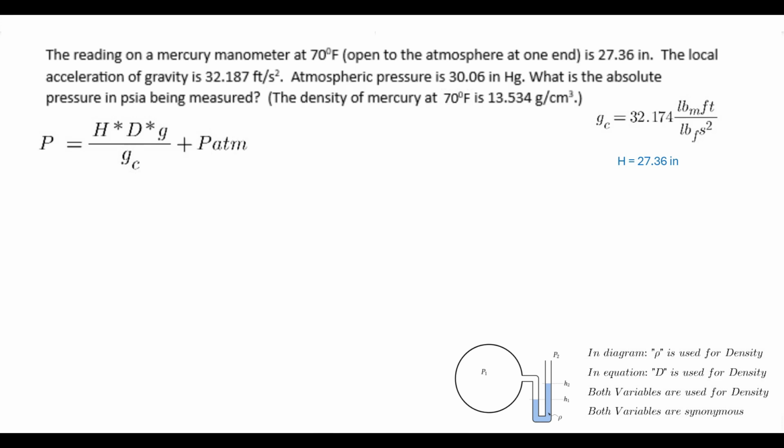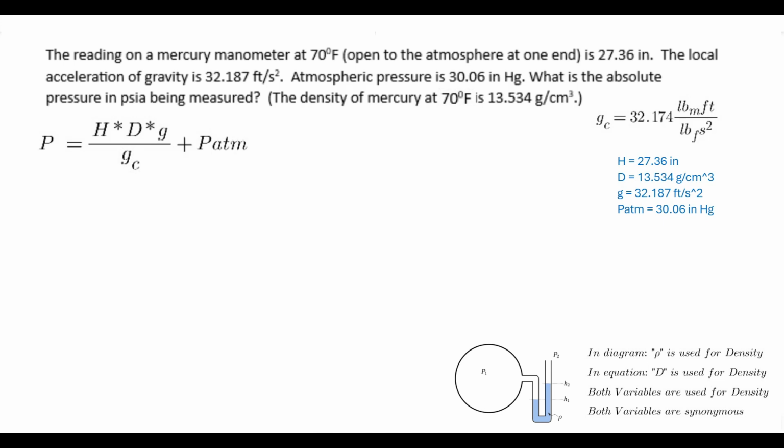You are given the height of mercury equals 27.36 inches. The density of mercury equals 13.534 grams per centimeter cubed. The acceleration of gravity equals 32.187 feet per second squared. And atmospheric pressure equals 30.06 inches of mercury.